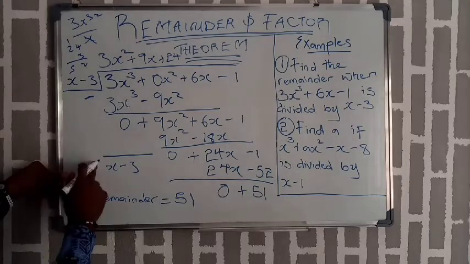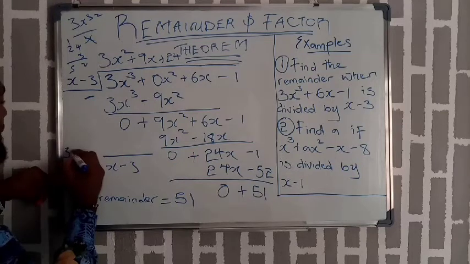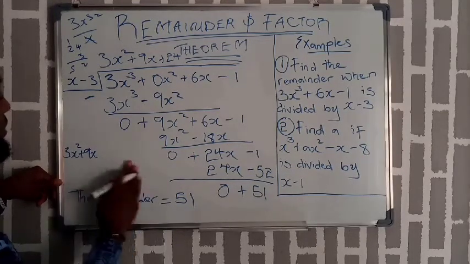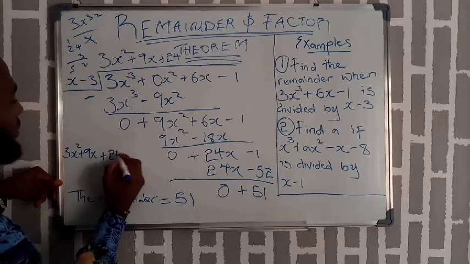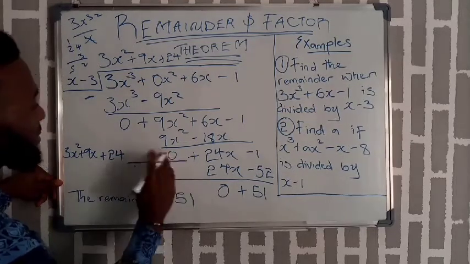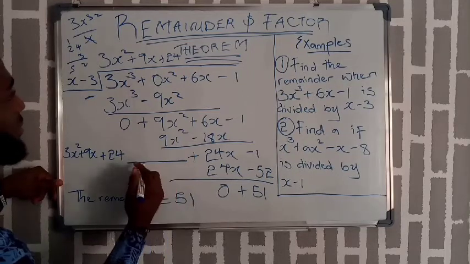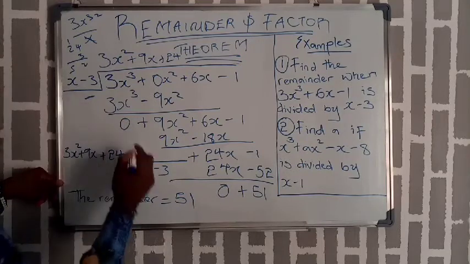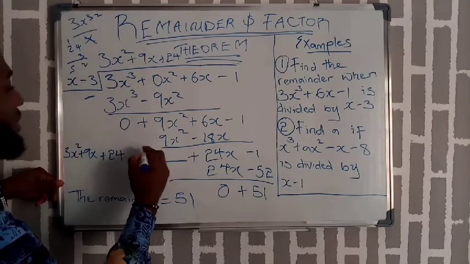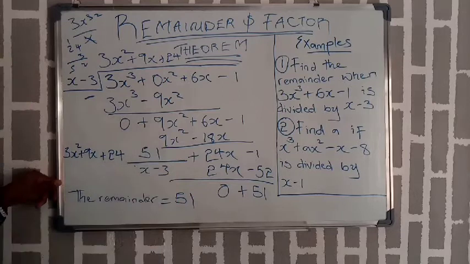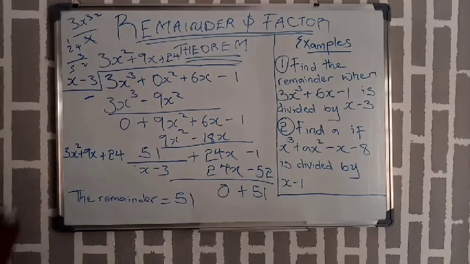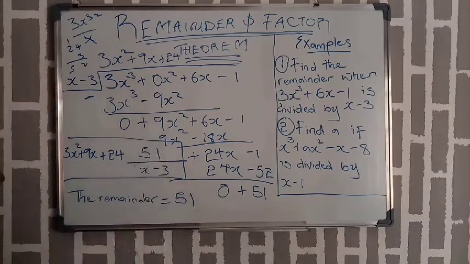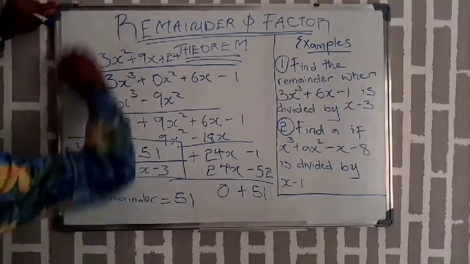Then you write the quotient, what you got, which is 3x squared plus 9x plus 24. Then you write the divisor, which is x minus 3. Then you write the remainder, which is 51. Simple as that. So you just write this as your final answer. But everyone knows this is the remainder. So that's all for that.